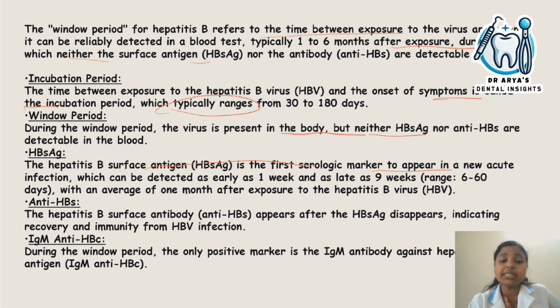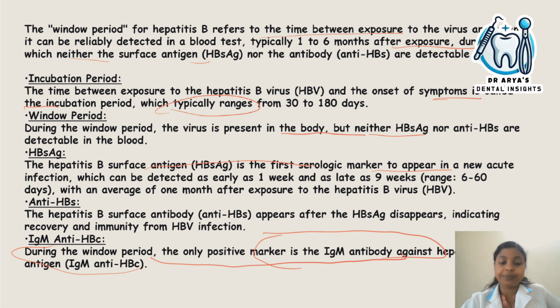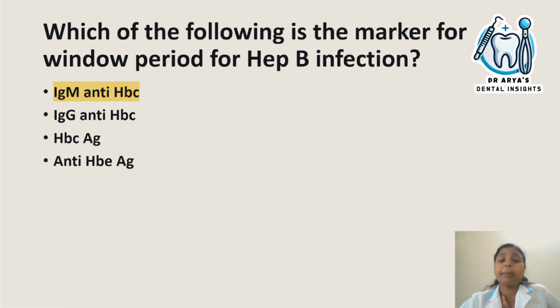Anti-HBs, the hepatitis B surface antibody, appears after the HBsAg disappears, indicating recovery and immunity from HBV infection. During the window period, the only positive marker is the IgM antibody against hepatitis B core antigen, that is IgM anti-HBc. So the marker for the window period for hepatitis B infection is IgM anti-HBc.